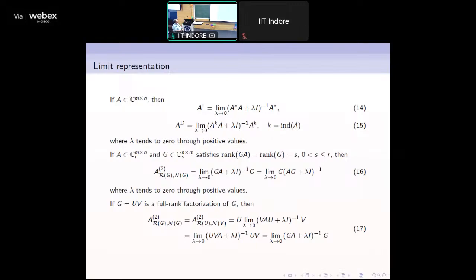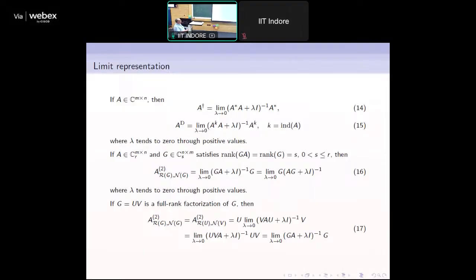Here is a limit representation of generalized inverses. The well-known limit representation of the Moore-Penrose inverse, with a lambda term, is related to Tikhonov regularization. Important properties: the Moore-Penrose inverse is related to A star, the conjugate transpose.